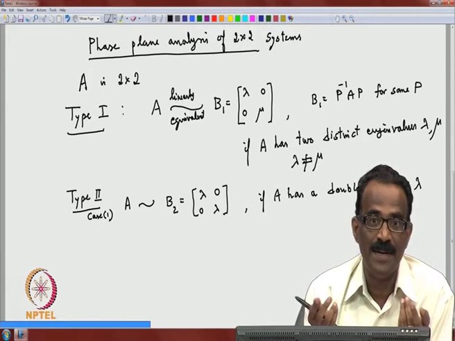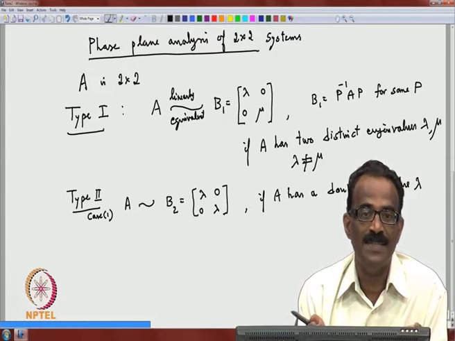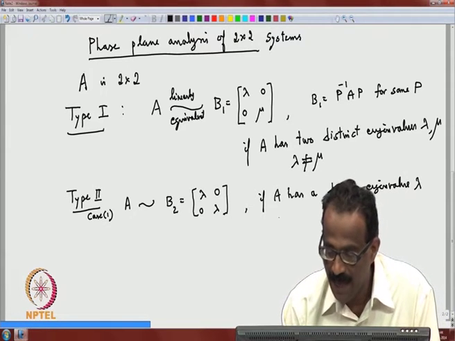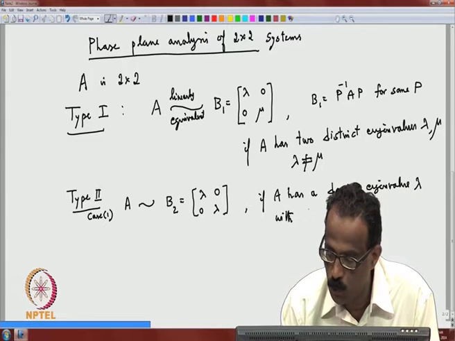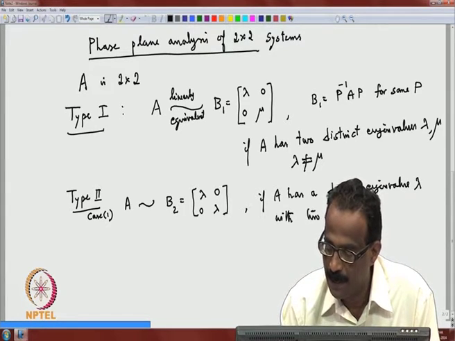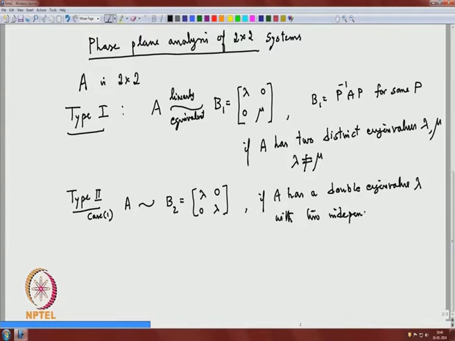If it has two independent eigenvectors, they form a basis and you have diagonalizability. In the other case, A is equivalent to B3, which takes the form of a non-diagonalizable matrix; diagonalization in general is not possible.